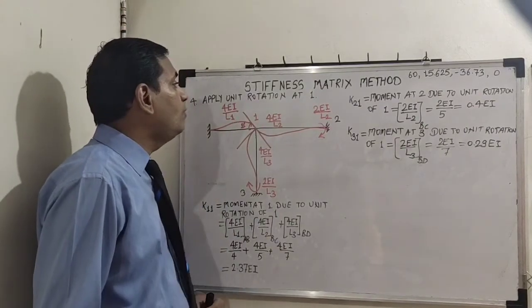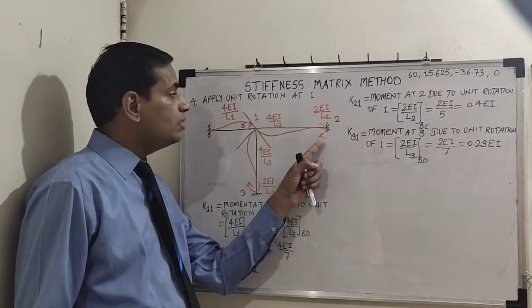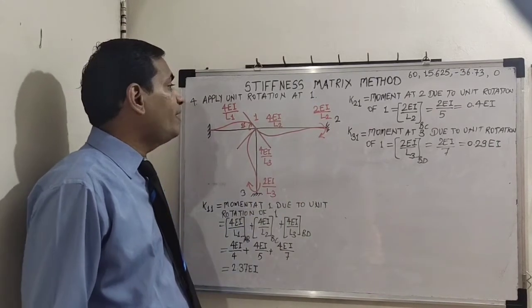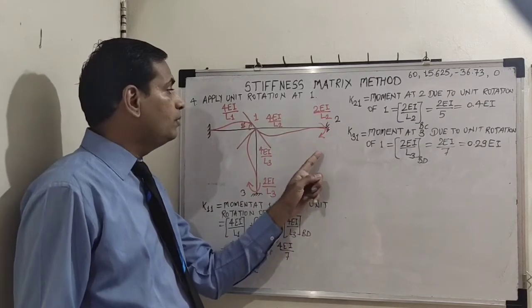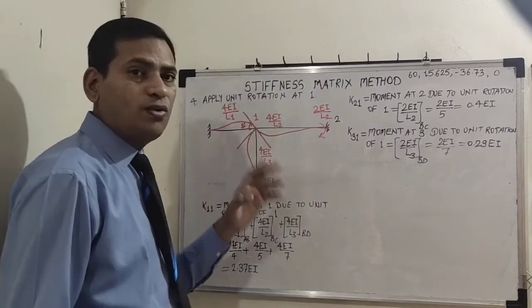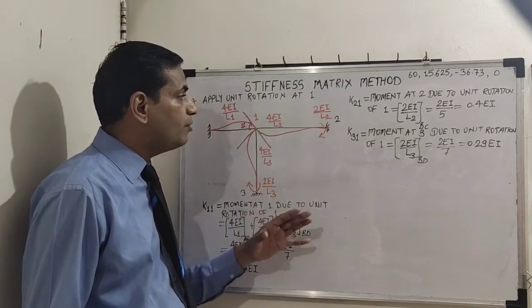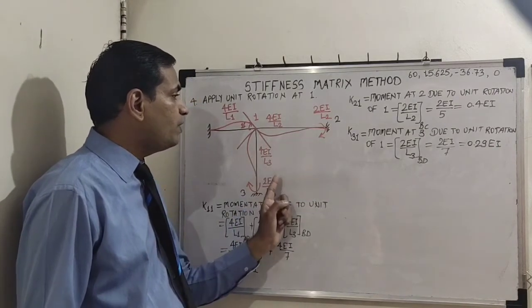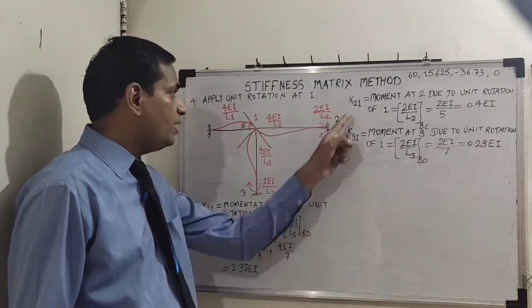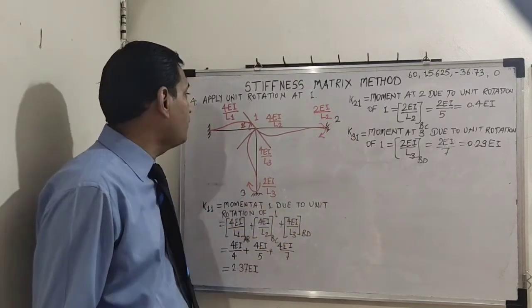Now we will go to our second unknown, which is theta C. We will make this rotation unit value. The other rotations will be 0. Okay, so let us assume that unit value, draw deformed shape, show the stiffness values, then we will find or write these stiffness values one by one.